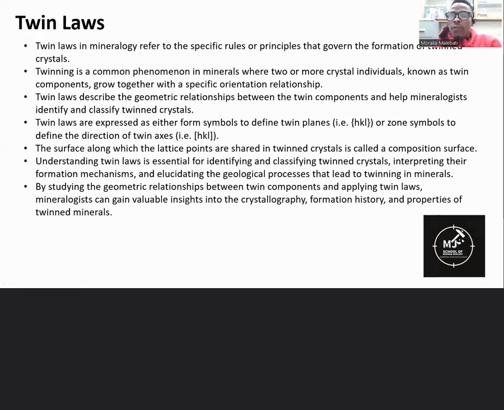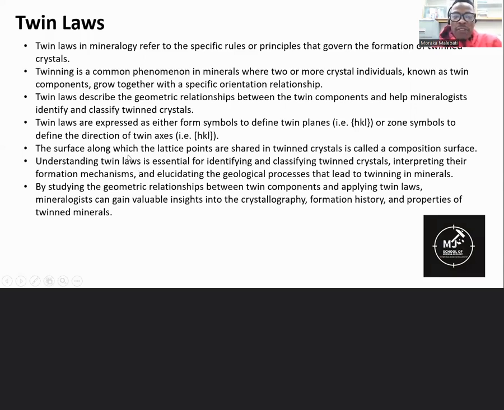We know that, and we've already talked much about that. Twin laws describe the geometric relationship between the twin components and help mineralogists identify and classify twinned crystals. These can be expressed in the form of HKL, that is, the Miller index.